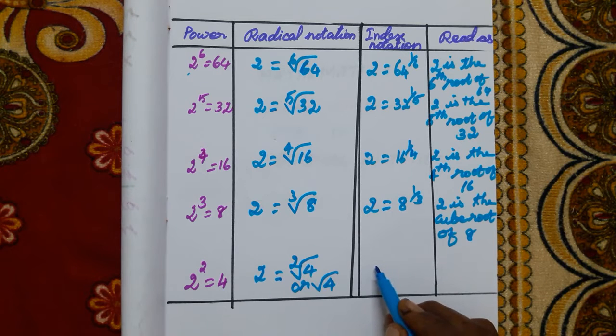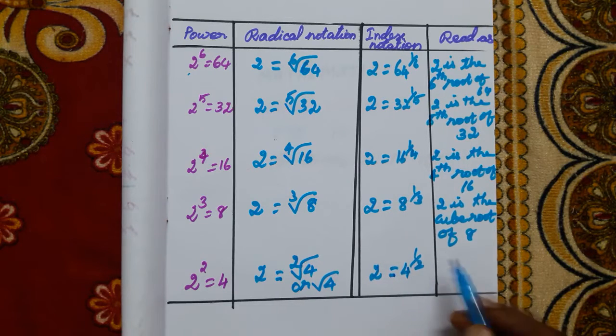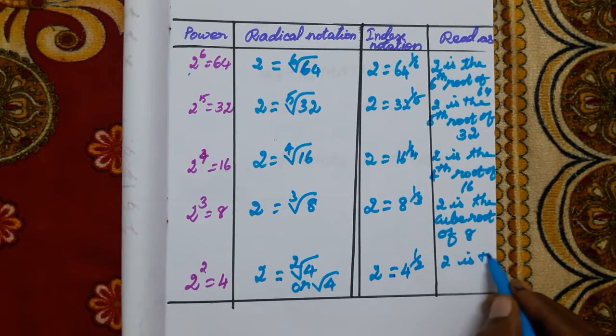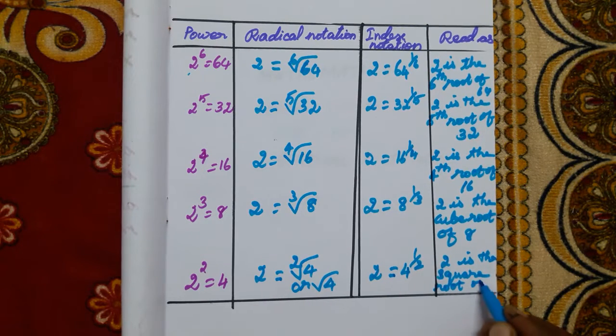In index notation, 2 is equal to 4 power 1 by 2. This can be read as 2 is the square root of 4. Can you understand this?